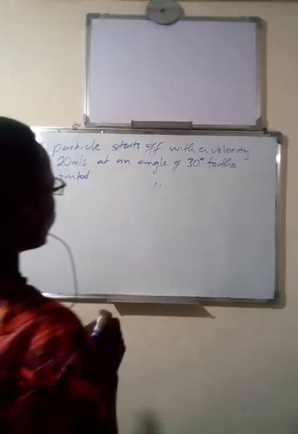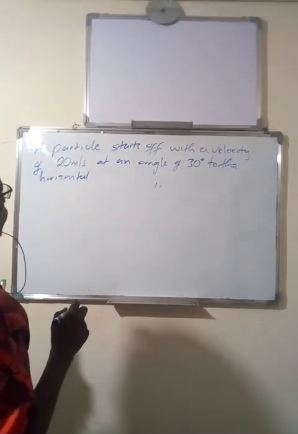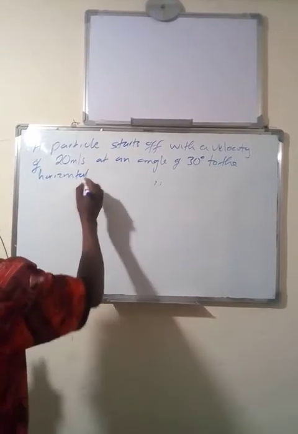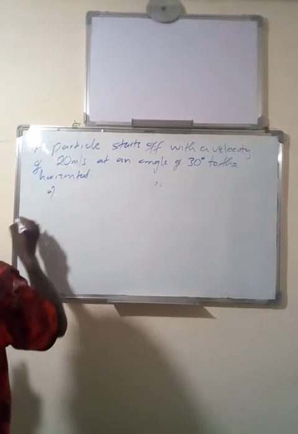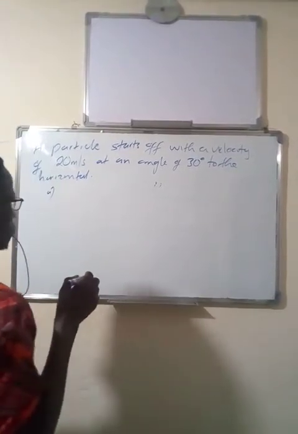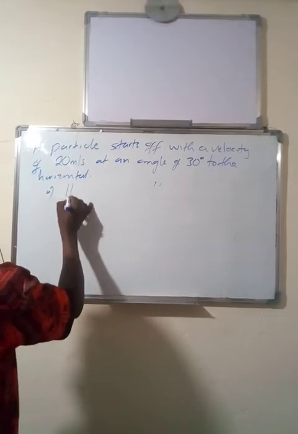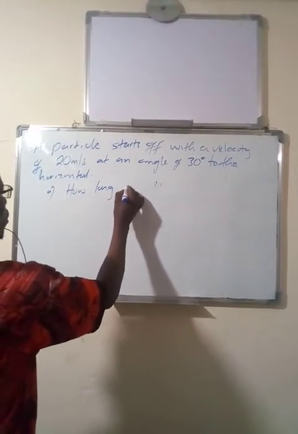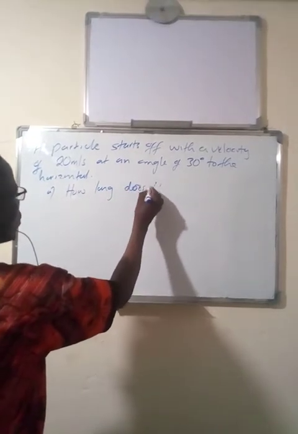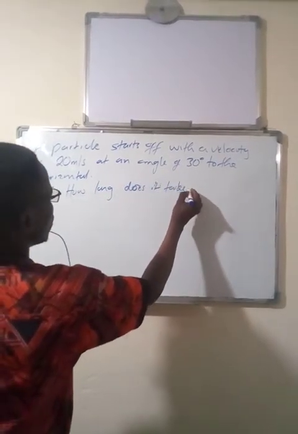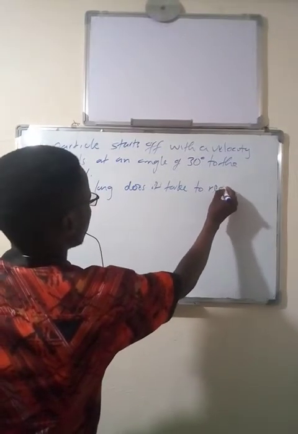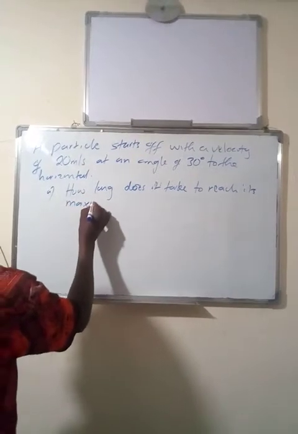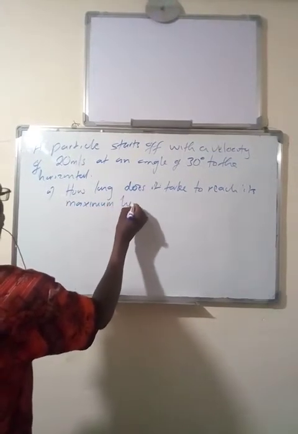So a particle starts off with a velocity of 20 meters per second at an angle of 30 degrees to the horizontal. Okay. A, how long does it take to reach its maximum height?